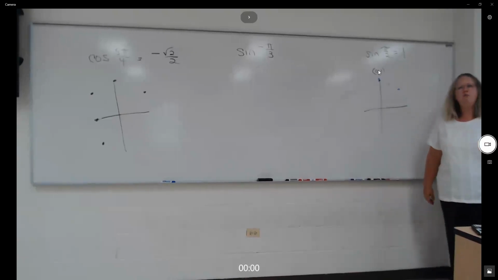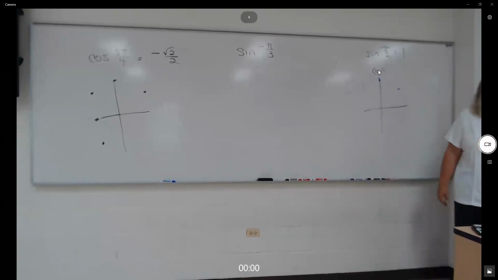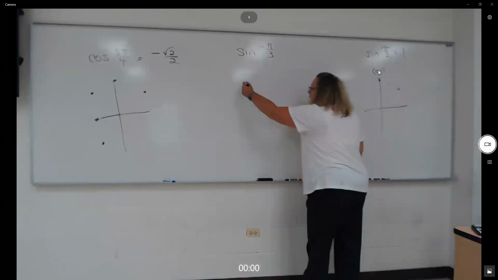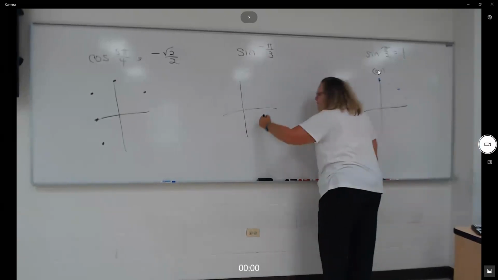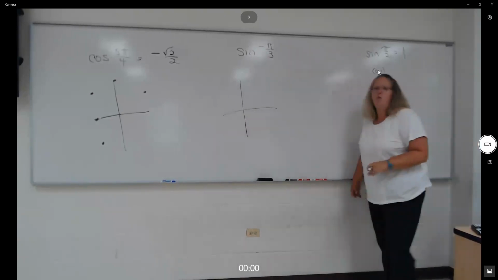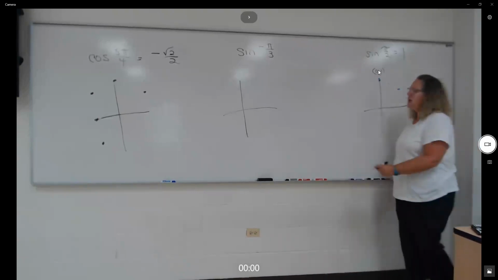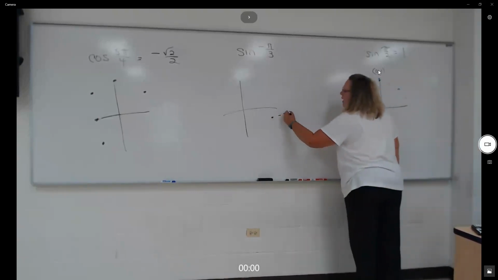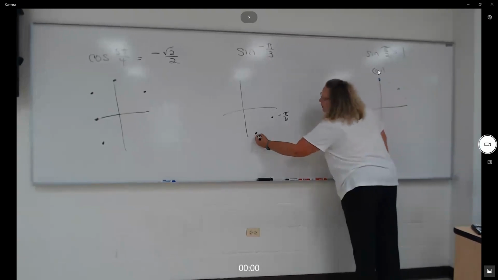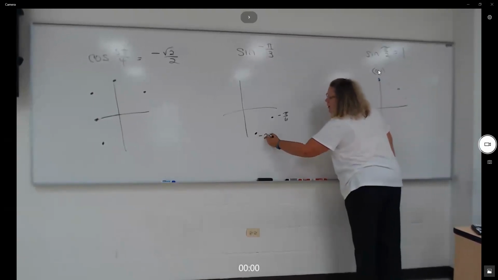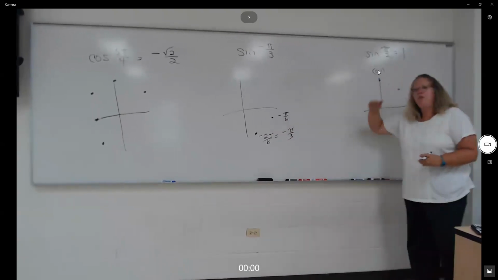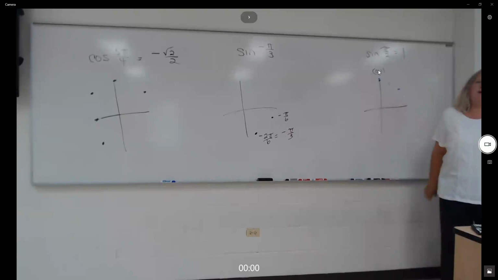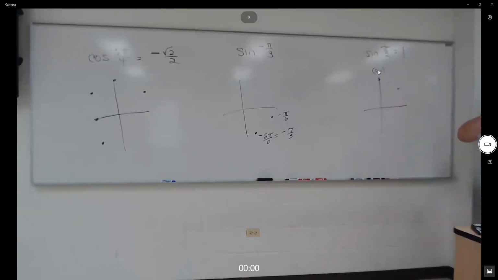All right, so how do we do? Do we remember how we do negatives? Negative angle measures. Instead of going up and around, you go down and around. So this one you're kind of forced to go ahead and count again. So this is negative pi over 6. And then this one is negative 2 pi over 6. But that reduces to pi over 3. But for negative, you go down and around. You kind of have to start over counting anyways.